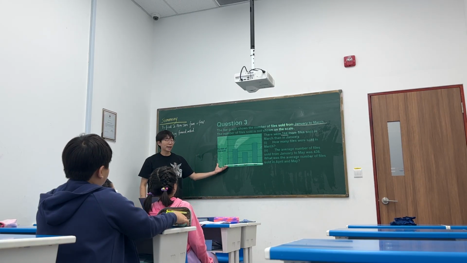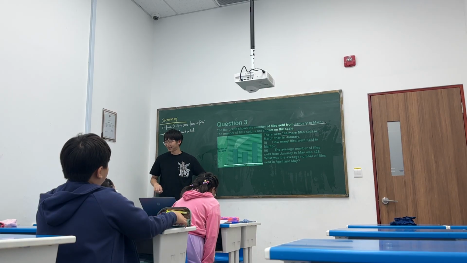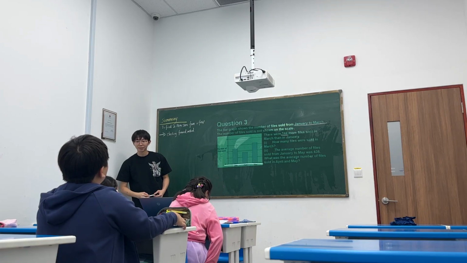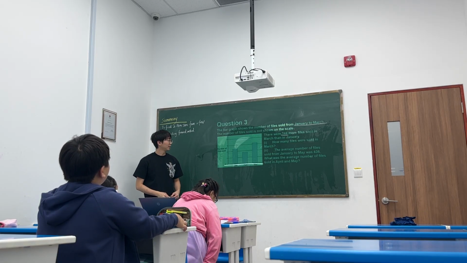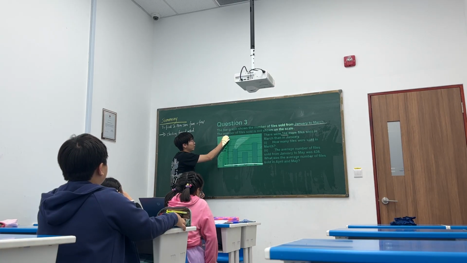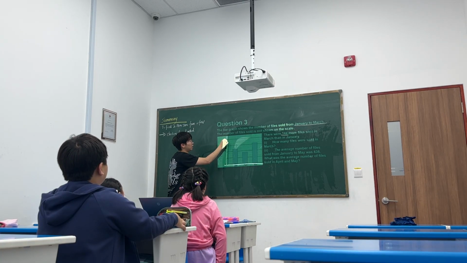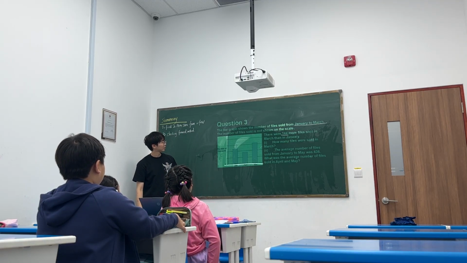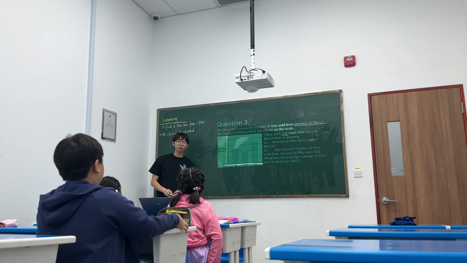Horizontally, what does this represent? Bernice? The horizontal line represents what? Yeah, the months. January, February, and March. How about vertically? Yeah, the number of files sold.